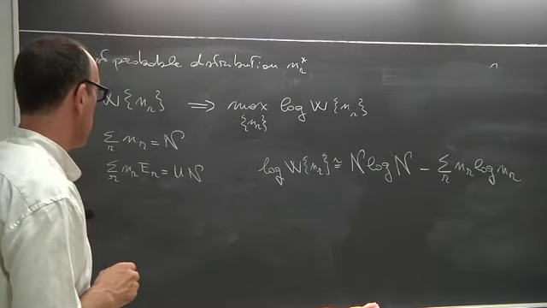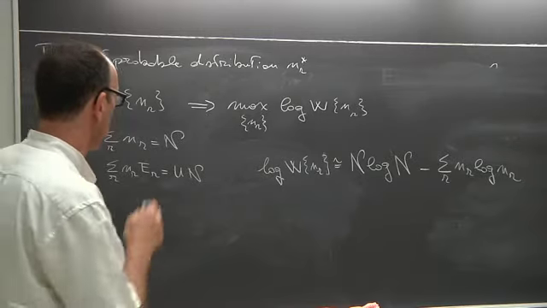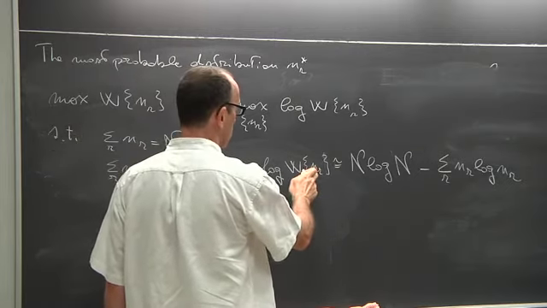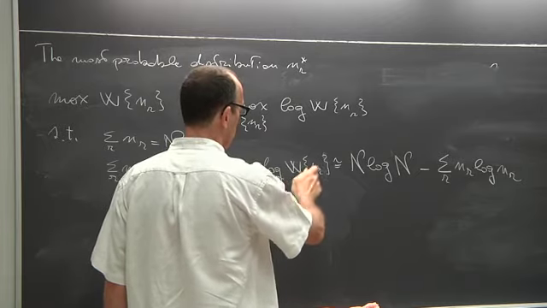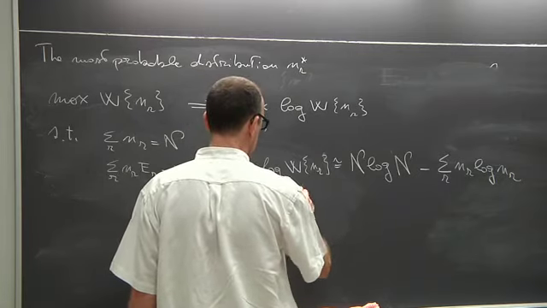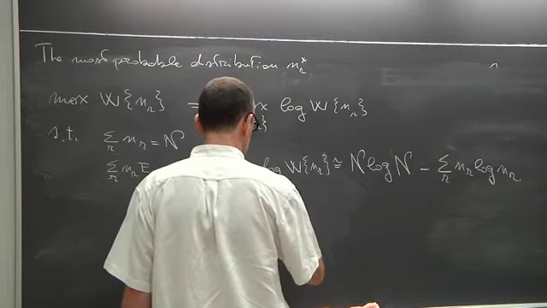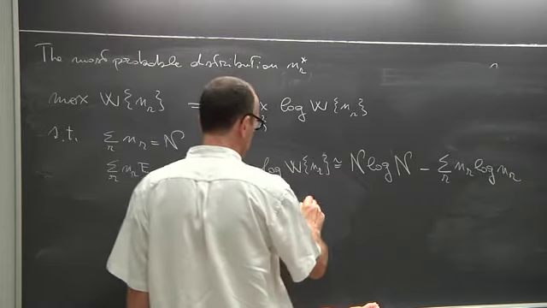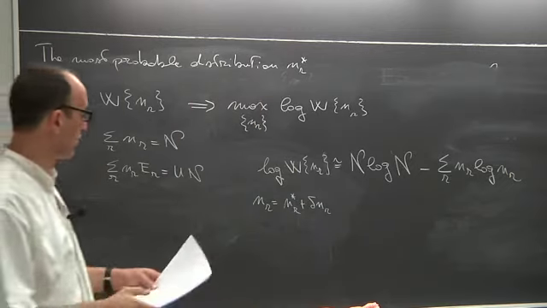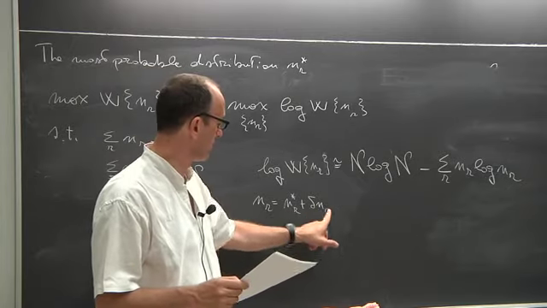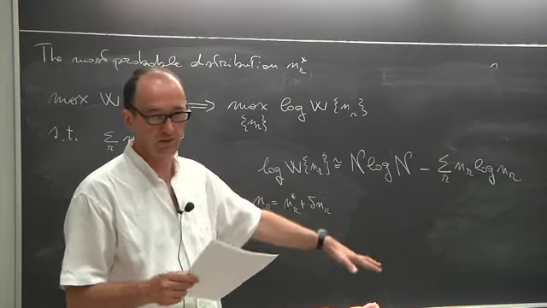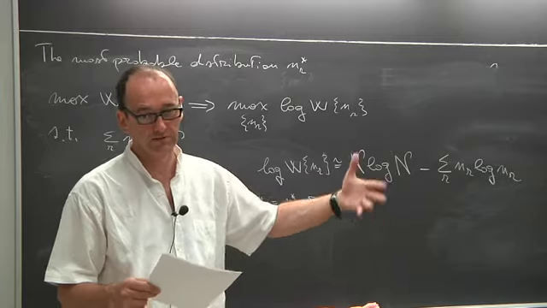Now I want to look for the maximum of the distribution n of r which makes this object maximal. So imagine that the maximum is called n star of r. I want to take n of r equal to n star of r plus a small fluctuation, and find these small fluctuations in such a way that the change in W is always negative. The first derivative is 0.